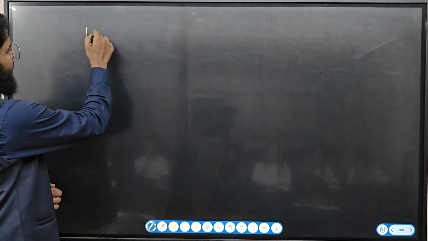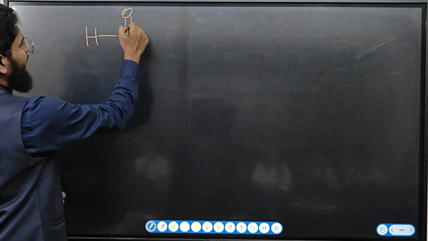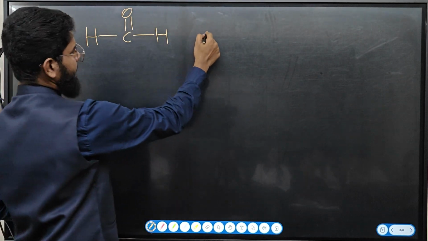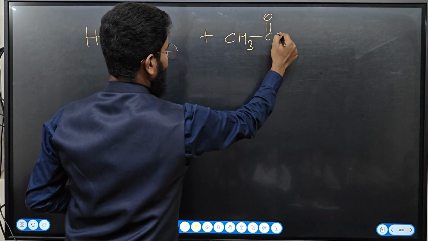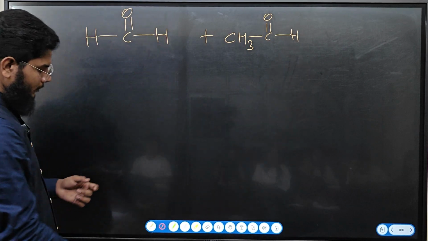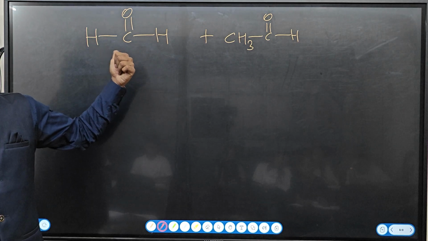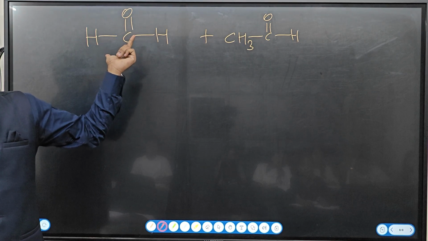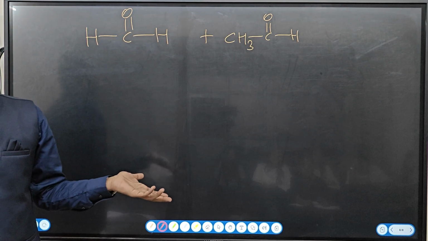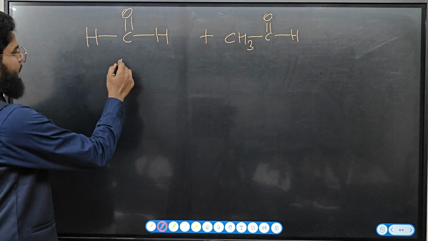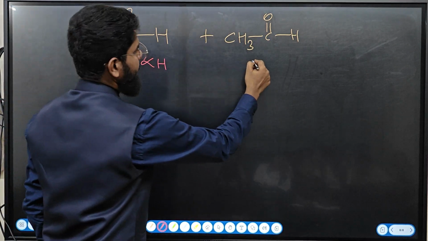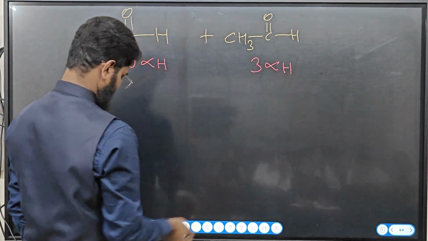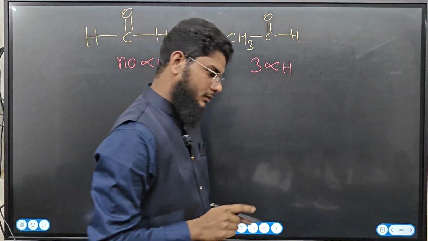So consider this one. Is there any alpha hydrogen in this molecule? How many alpha hydrogens? No alpha hydrogen, right? There is no alpha carbon, so how can we have alpha hydrogen? And in this molecule, there are 3 alpha hydrogens.